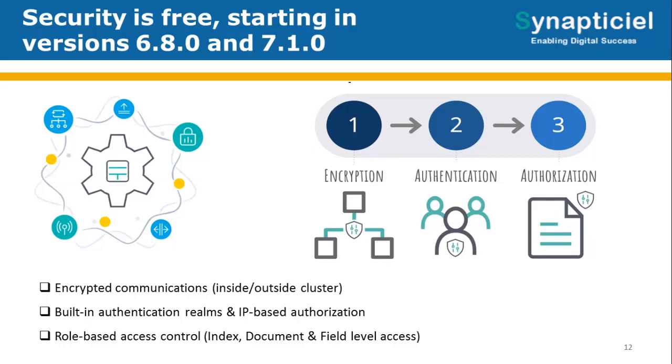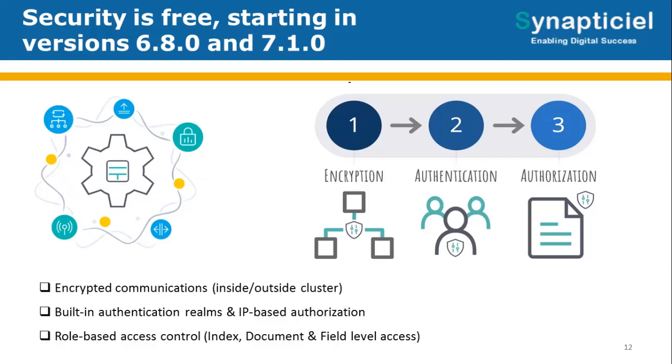And the third level is authorization. We can define role-based permissions to access the features of monitoring and managing the stack. And most importantly, we can define permissions to access the data. I can define permission to access a specific index and specific fields and restrict other fields.